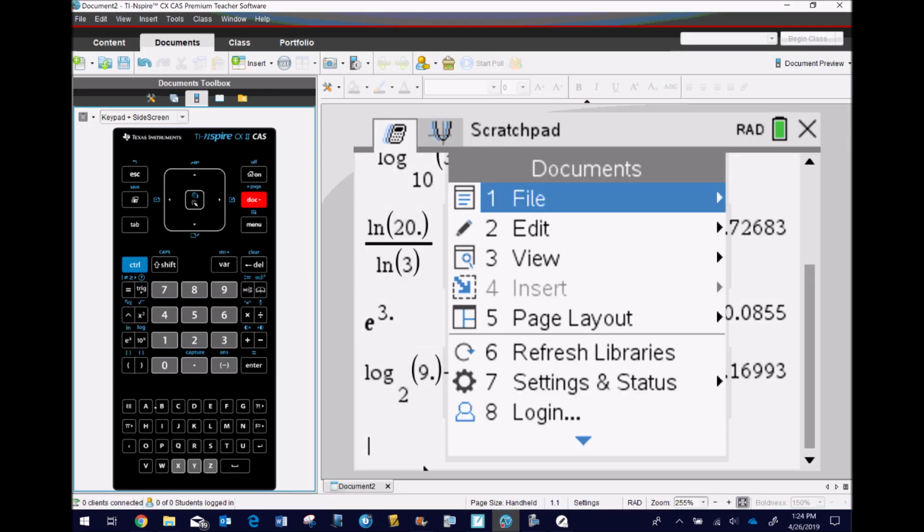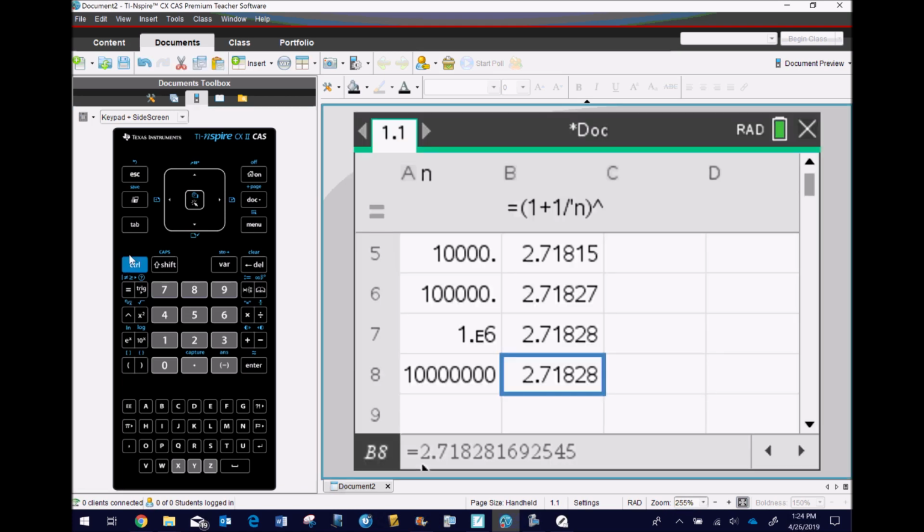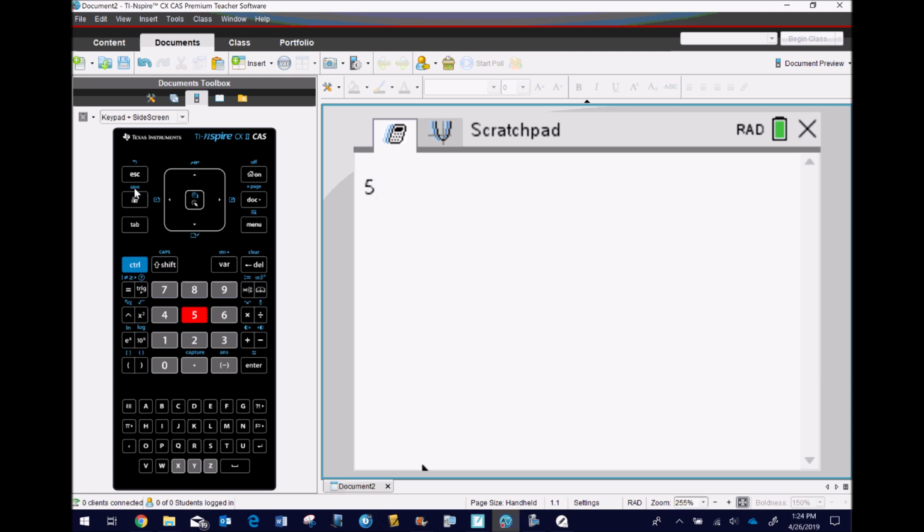So I'm going to clear this out. Now I'm going to do this 2 different ways. I am going to use a TI Inspire here, which allows you to type in a log of any base. For this calculator, that would be second 10 to the x. But before I do that, I have to insert the base, which is 5.